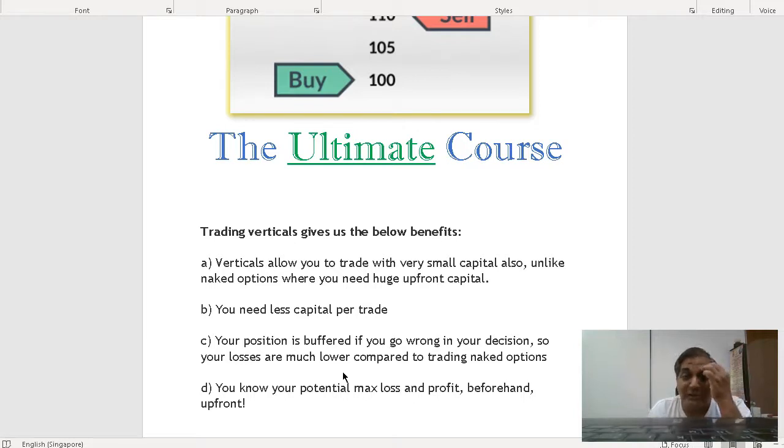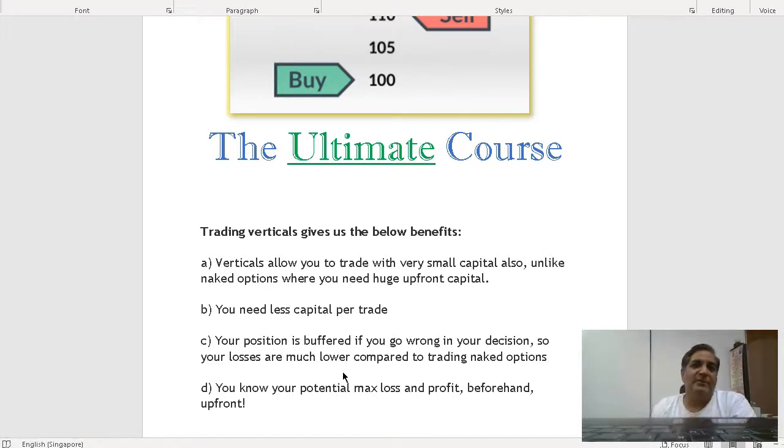That's the second advantage of a spread. The third advantage of a spread is that you already know how much you're going to lose or make. Your potential profit or loss is known to you upfront before you take the trade, so you can decide whether it even makes sense. For example, if I do not make 10% of my capital, I don't even take the trade. If my profit potential is 6-7%, I don't take the trade. If I take a trade, the profit potential should be at least 10%.